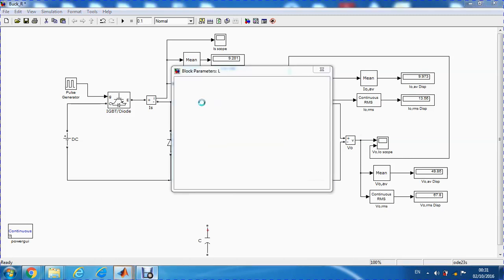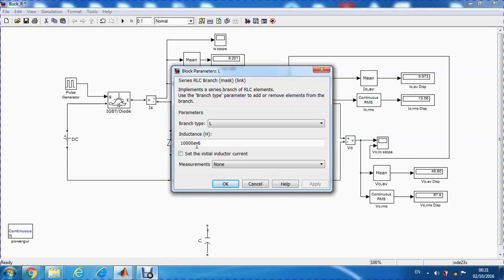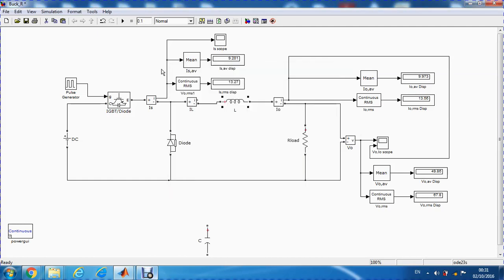And I will increase by another digit, and let's see what's gonna happen. All right, I guess there's a big change now.